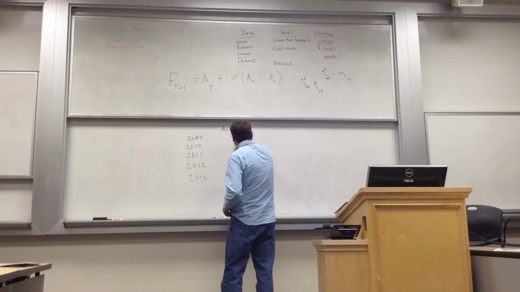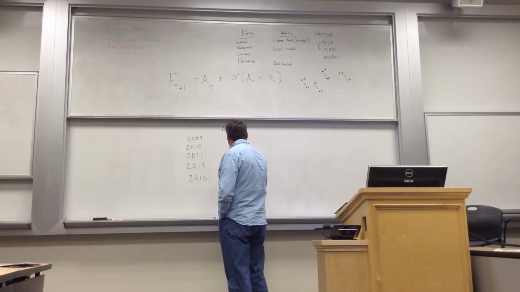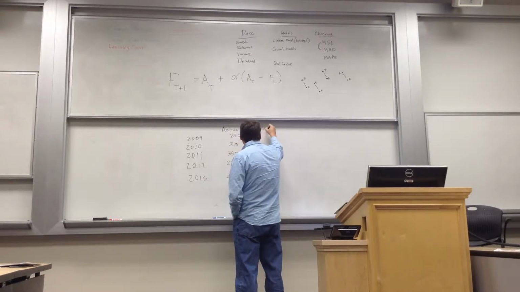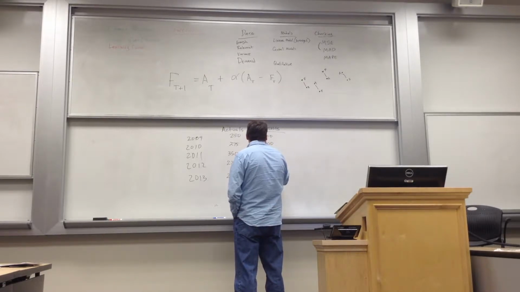Actual demand was 250, 275, 350, 225, and 200. Forecast was 300, 300, 300.